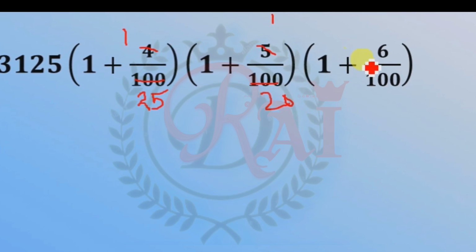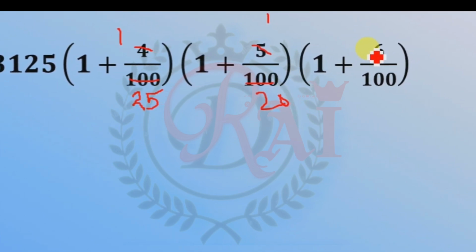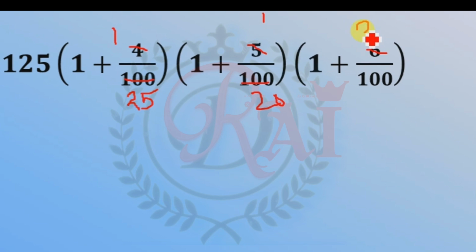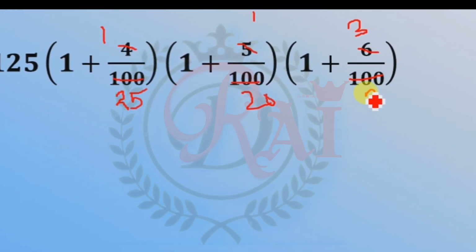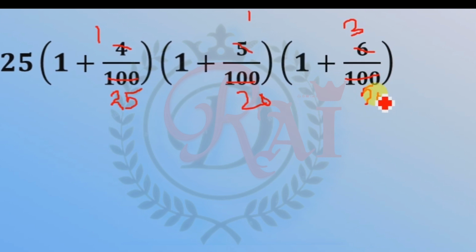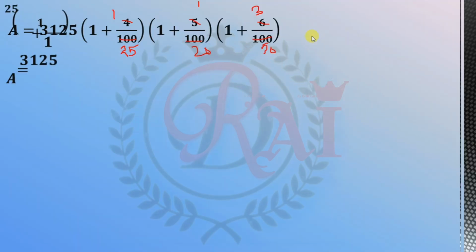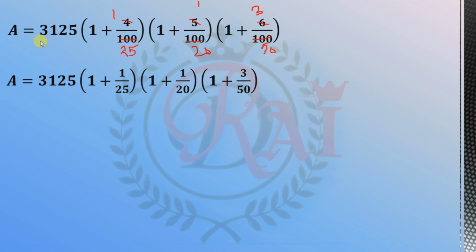So now let's cancel this with a 2, 2 3s are 6, 2 5s are 10, it's a 0. So we'll get A is equal to 3125 (1 plus 1 by 25)(1 plus 1 by 20)(1 plus 3 by 50).